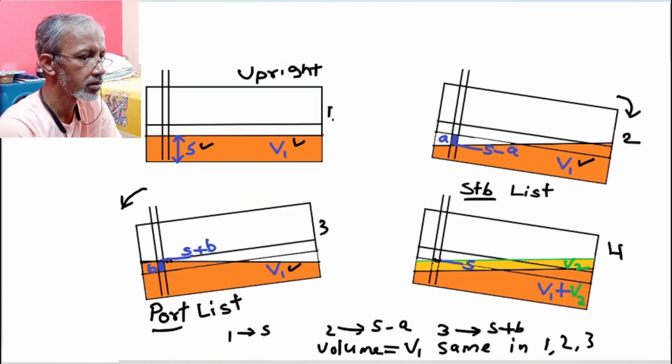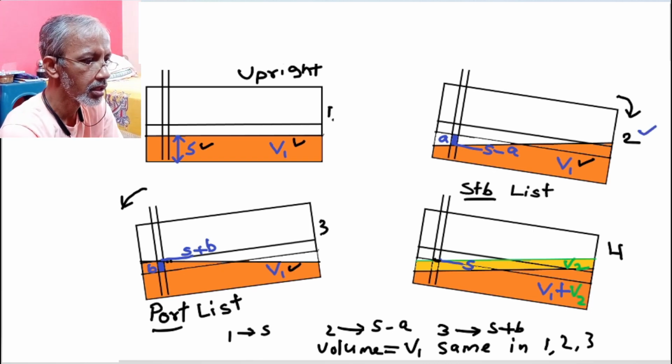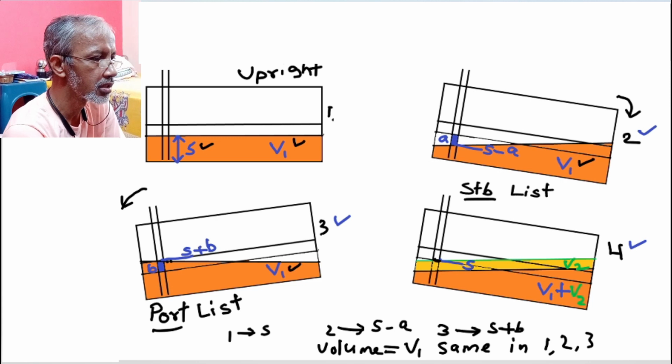Then we can see that for different conditions of list, as in number 2, number 3 and number 4, the soundings are different for the same volume, that is V1. In the upright condition, the sounding is S here.